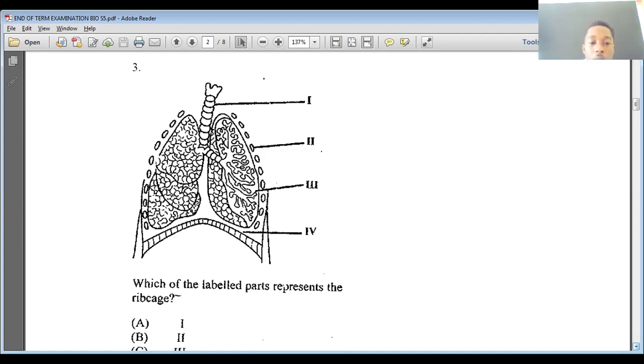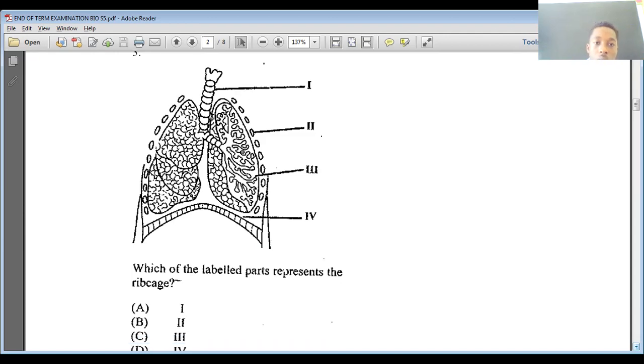If we are looking at number 3 now, which of the labeled parts represents the rib cage? All right. Now, look at this section, guys. Where do you think the rib cage is located? All right, number 1 is what? It's the passageway where air is being transported or transferred, right? So what is that called?